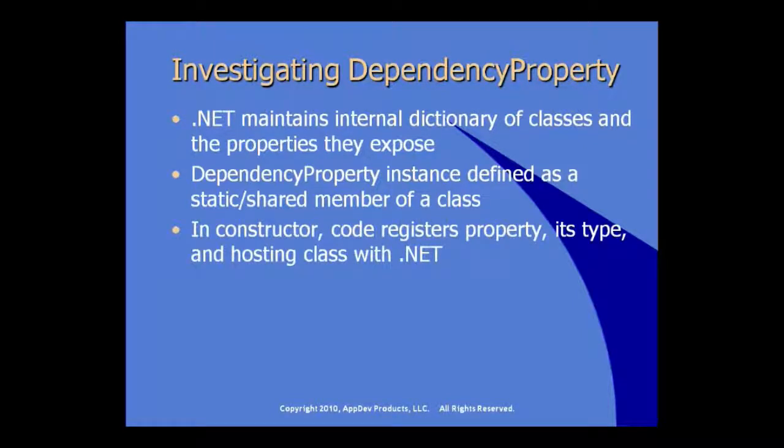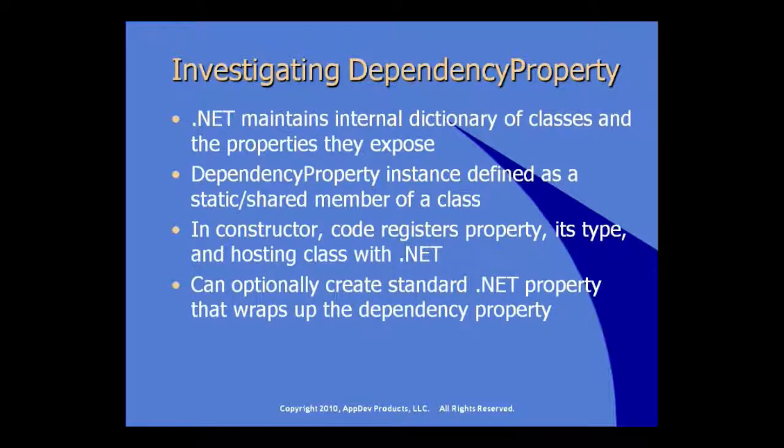In the constructor for the instance, code registers the property, its type, and the hosting class with the .NET framework, which then maintains the value of that property in a dictionary for you. You can optionally create a standard .NET property that wraps up the dependency property, and in every case of every control you'll work with, that's what the .NET framework has done for you.